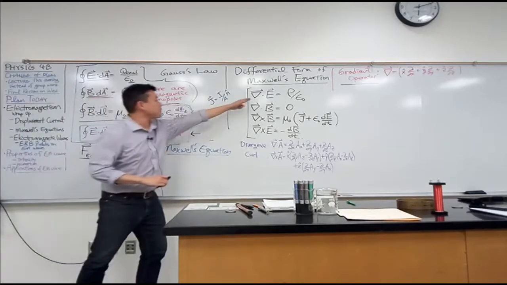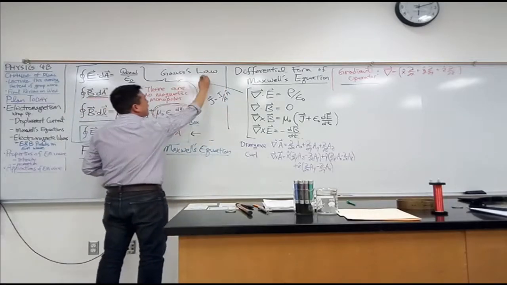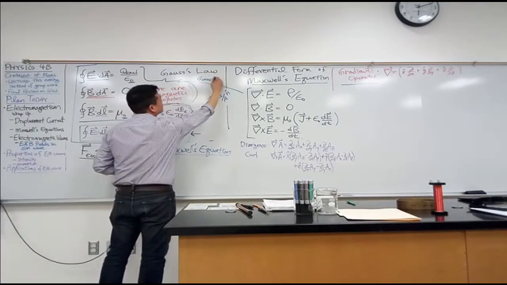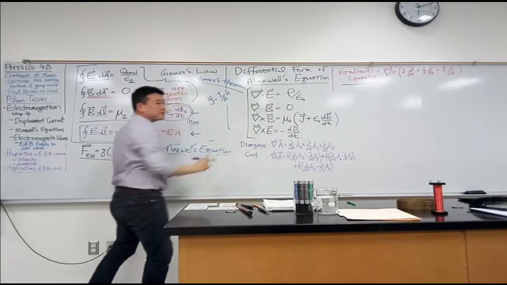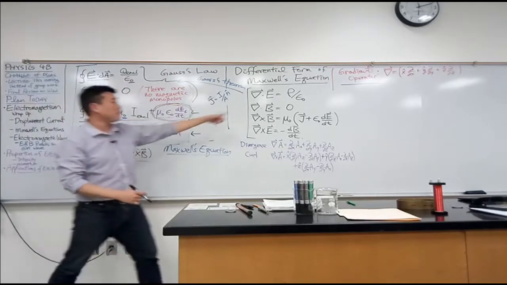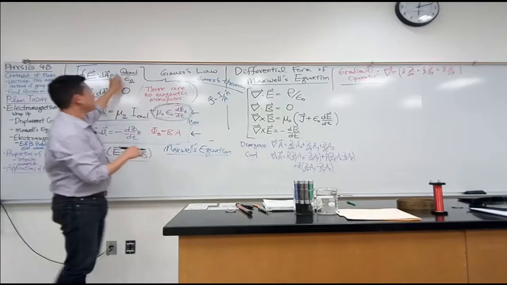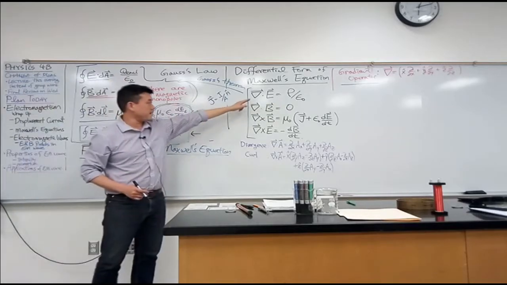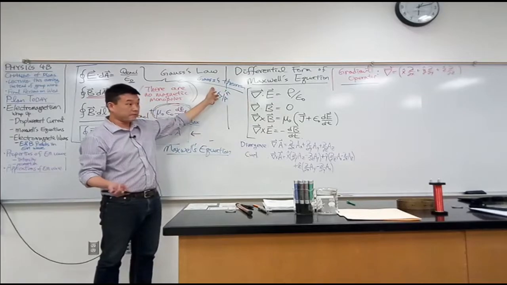But to go from here to here, it's an application of, I think, Gauss's theorem. Is Gauss's theorem something you learn in Math 3C? Yes? Yeah. So this is an application of Gauss's theorem. You do a volume integral on both sides. The right-hand side becomes this, and the left-hand side simplifies to an area integral by using Gauss's theorem.